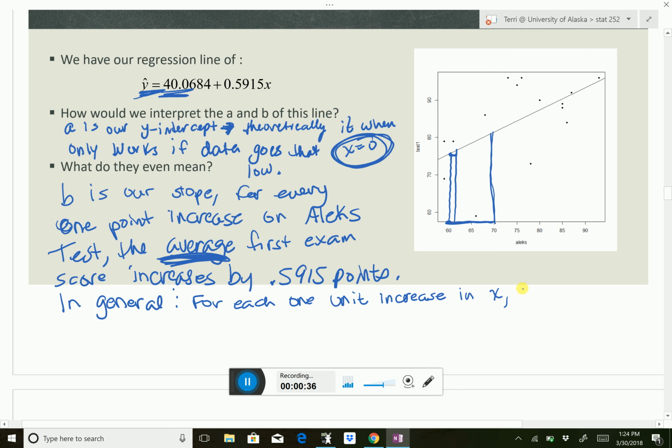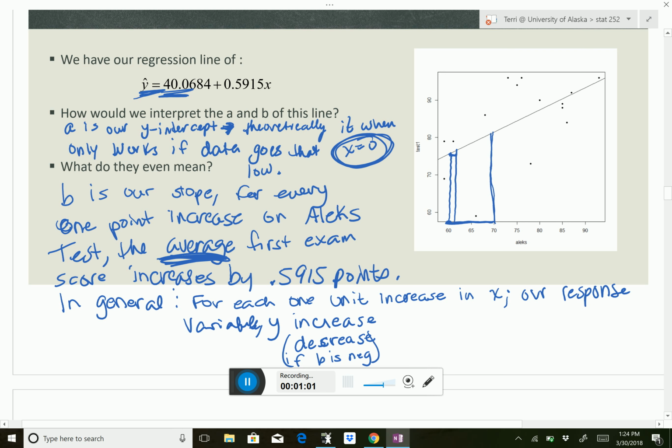and that's our predictor variable, our response variable Y increases, or it can decrease if the slope is negative, by B units.